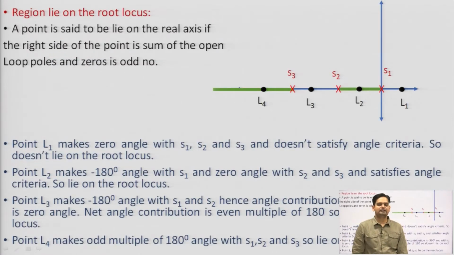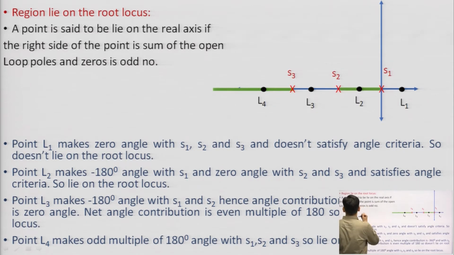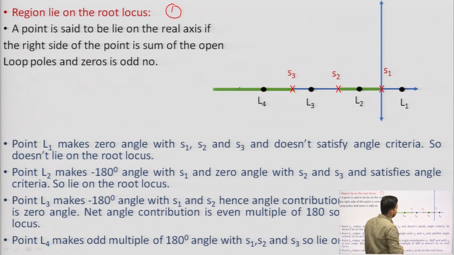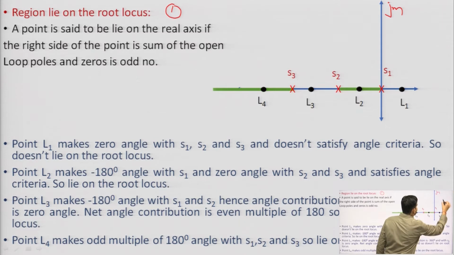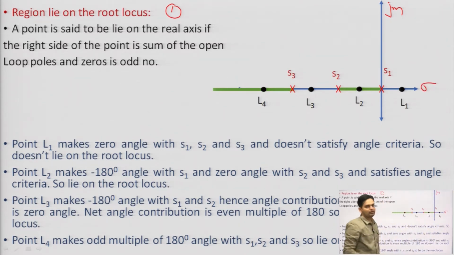So, now we will see the basic rules. We need to find rule number 1, regions that lie on the root locus. Here I need to plot all the poles and zeros present in the open loop transfer function in the S plane. This is the imaginary axis and this is the real axis. In this plane we need to plot these poles and zeros.